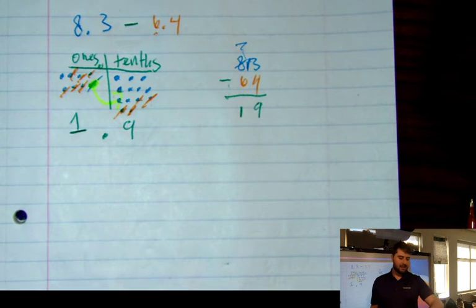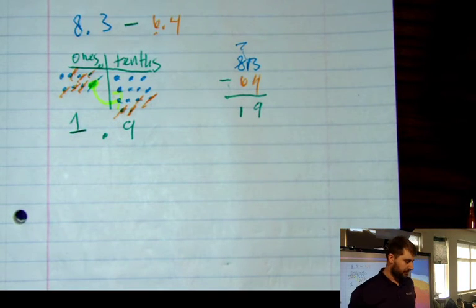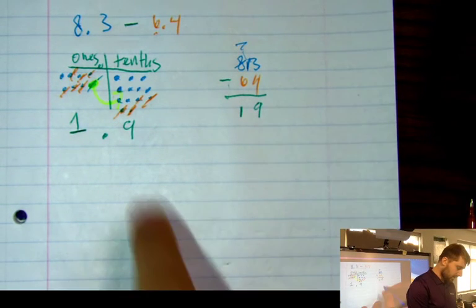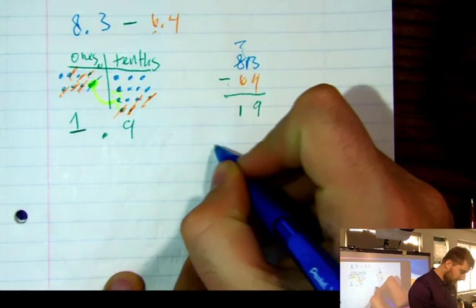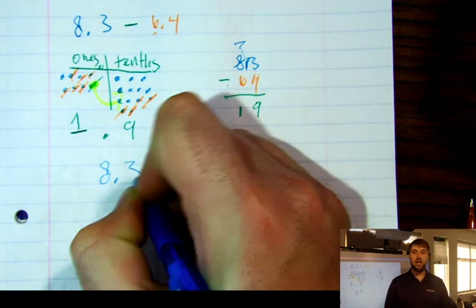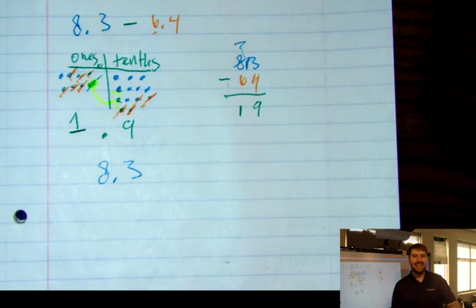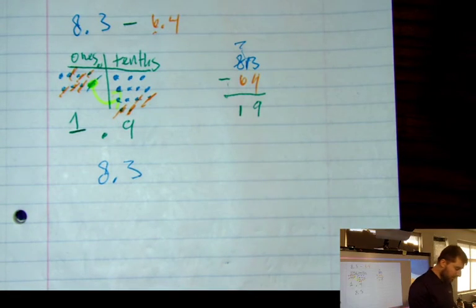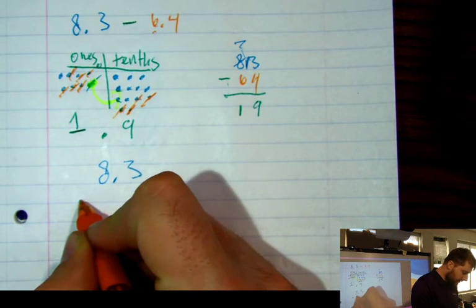It is incredibly similar with our decimals here. We are going to do 8 and 3/10. Just like when we were adding decimals, when we are subtracting decimals, we are going to line up our decimal place always, always, always.